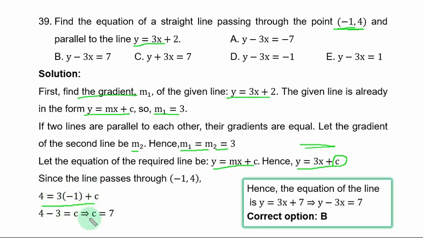If you simplify, you have c equal to, here you have 3 times minus 1, that is minus 3. If you transfer it, it becomes plus 3. So if you add, c is equal to 7. Hence, the equation of the line is, you come back here, y equal to 3x plus 7. But if you check the various options, you need to transfer 3x to the left. So you have y minus 3x equal to 7. The correct option is B.